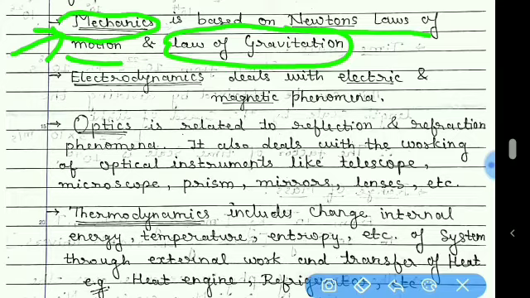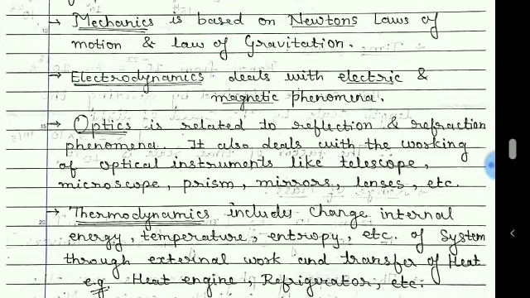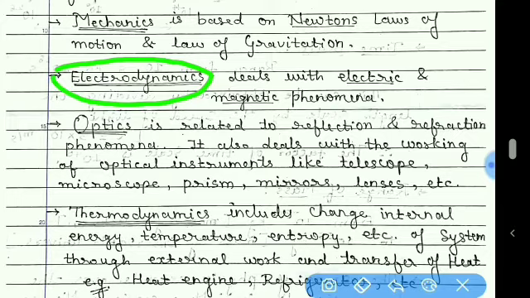Next is electrodynamics. We know that a fan rotates due to electric current. When the current passes through the machine inside the fan, we call that machine an electric motor.